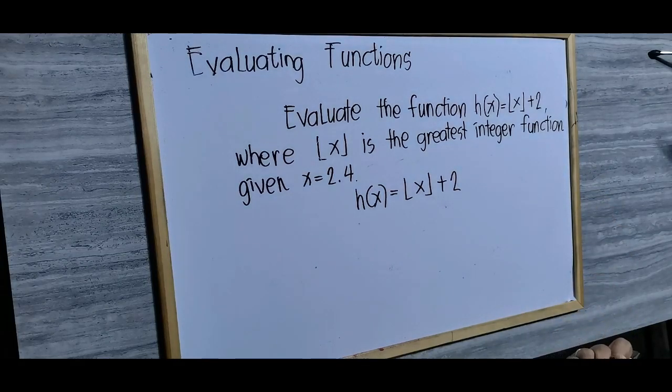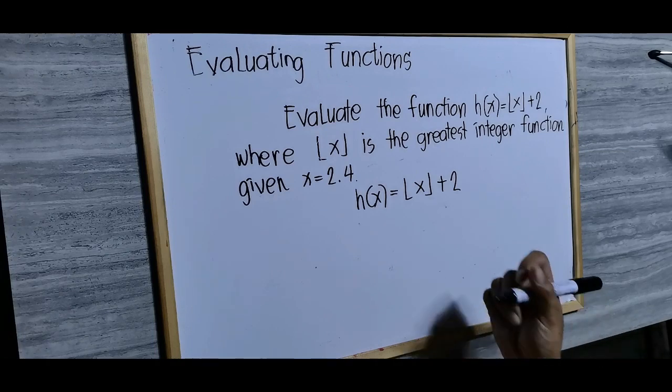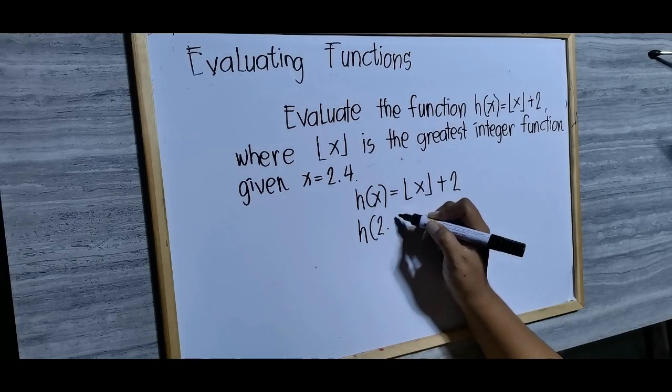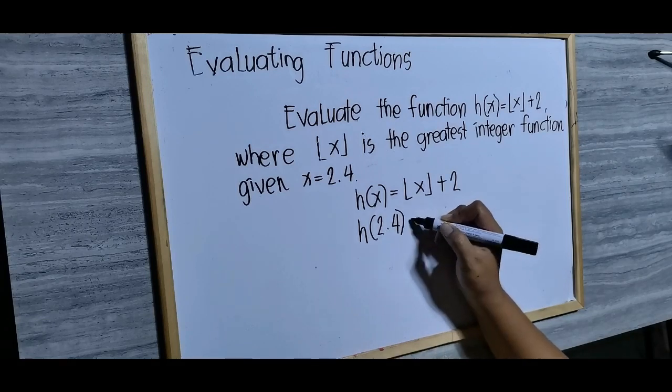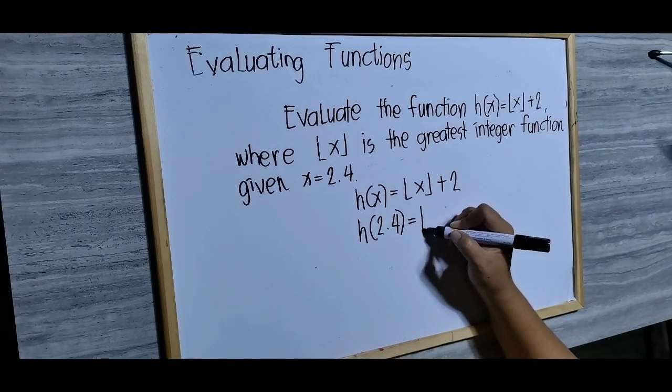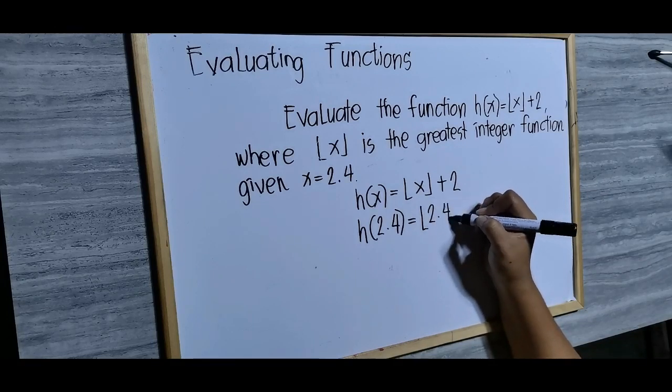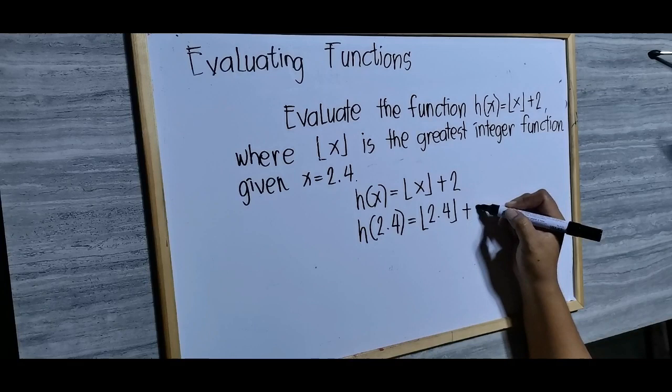Next is to substitute 2.4 for x in the function. We have h of 2.4 is equal to the greatest integer function at 2.4 plus 2.